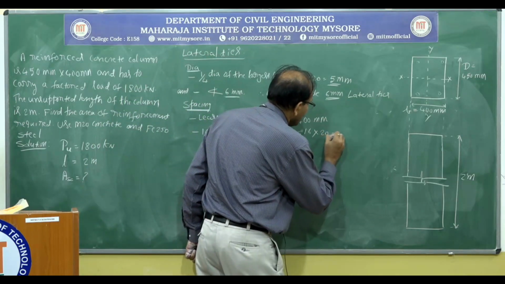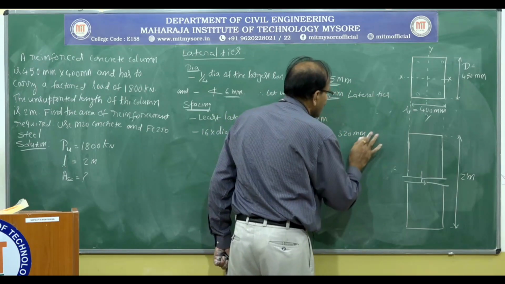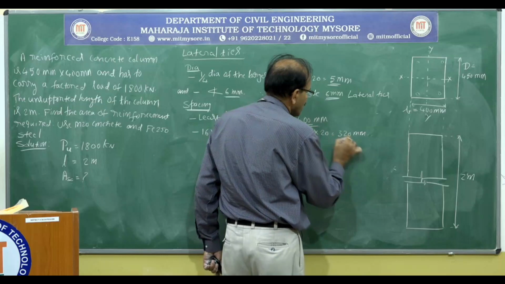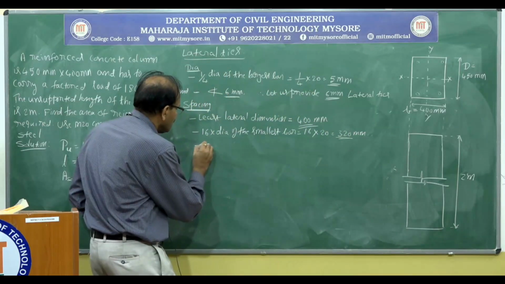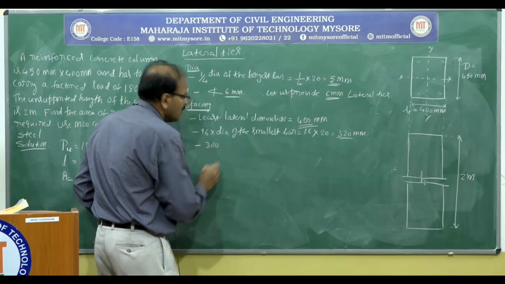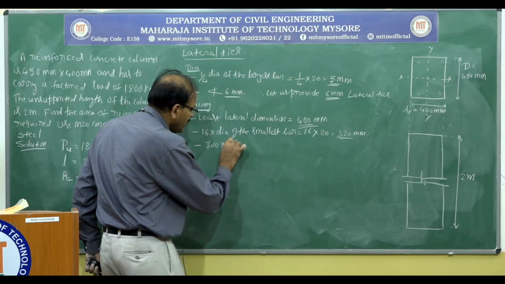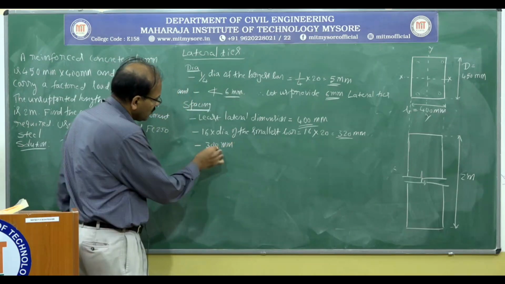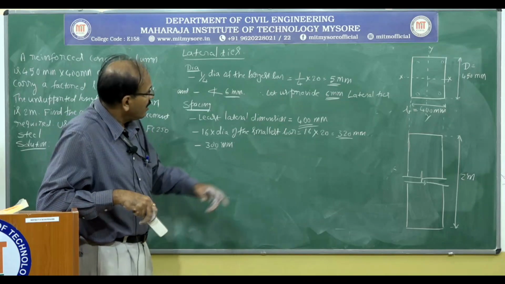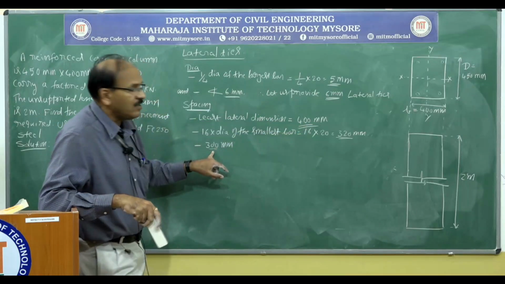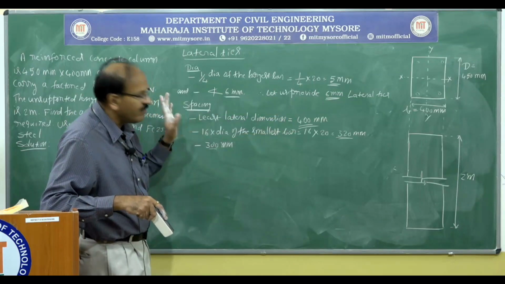So it is 16 times 20, 320 millimeter center to center. And the code also says the spacing should not exceed 300 millimeter center to center. So this is another one. Okay. So we have these three values and the spacing should not exceed the least of these three values.